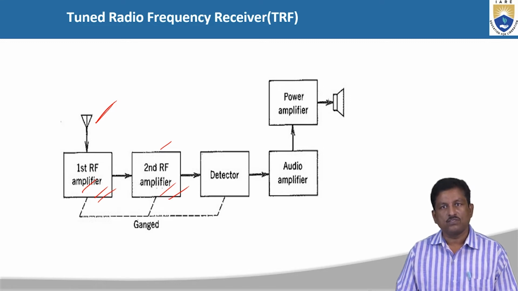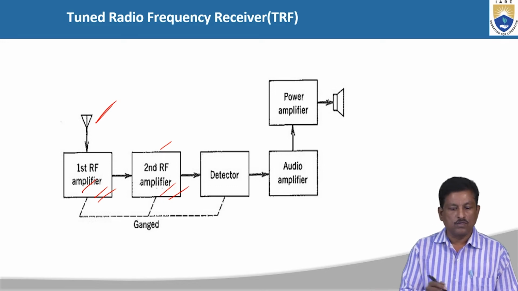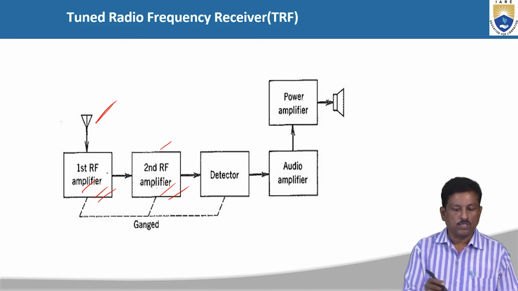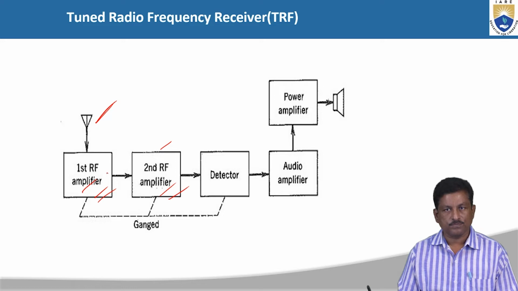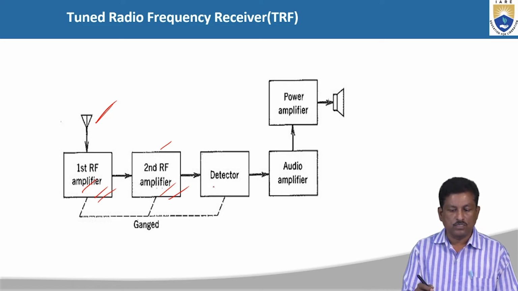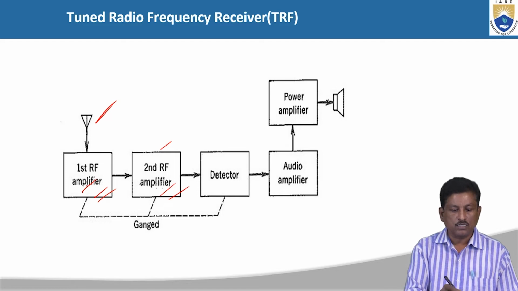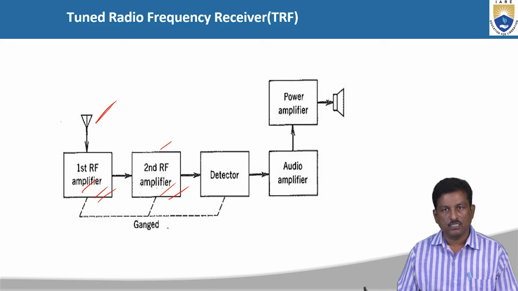So we always transmit the signal in the radio frequency range, that is in megahertz, and the amplifier stages are also RF stages. So we are taking these two stages. Along with these RF amplifiers, there is a ganged capacitor which is arranged.